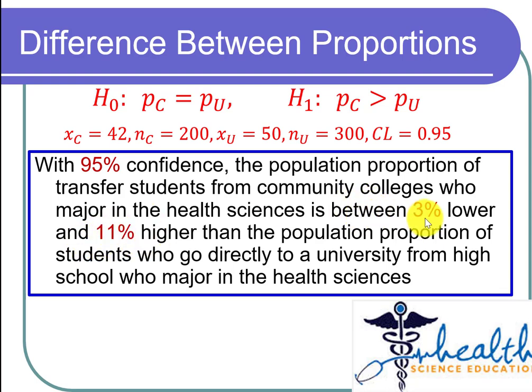So between 3% lower and 11% higher than the population proportion of students who go directly to a university from high school who major in the health sciences.